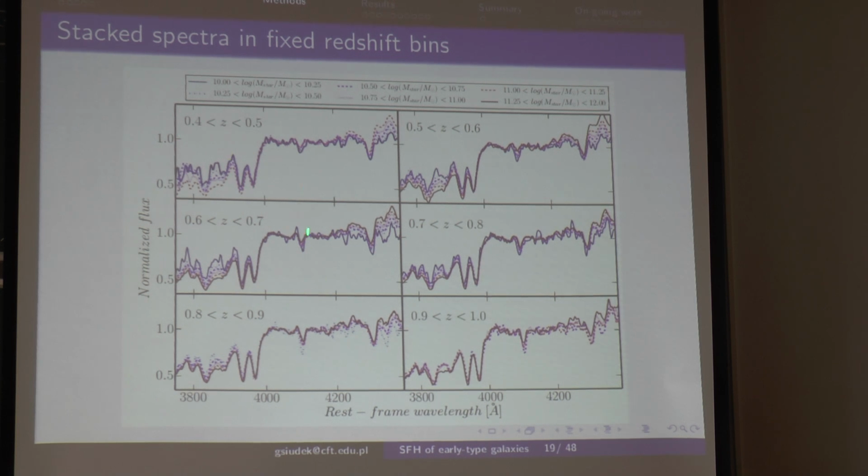We can see that H delta and D4000 are changing, but other features are changing too, for example these iron lines. In this work I'm focused only on H delta and D4000, but there is a lot more information in my stacked spectra which can be further investigated.